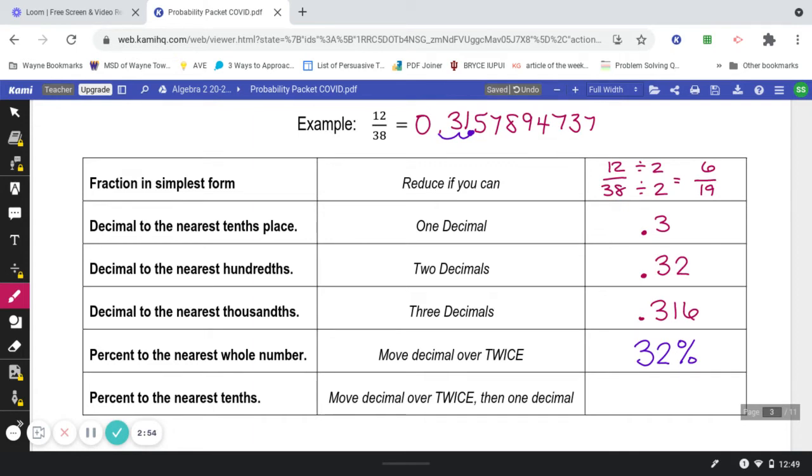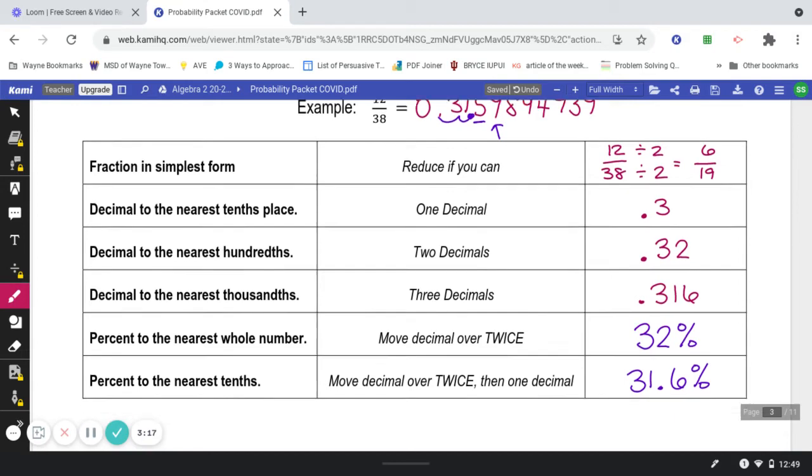If they ask you for percent to the nearest tenth, we would want to keep the 31.5 and just decide about the 7. The 7 is a large number, so it would round up to 31.6%. So each of these problems is going to ask us to round in a different way. Just got to keep an eye on it.